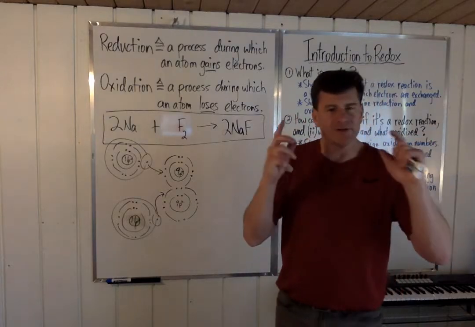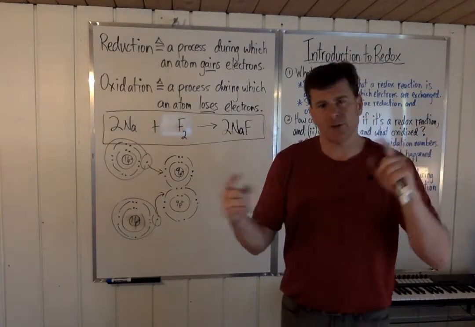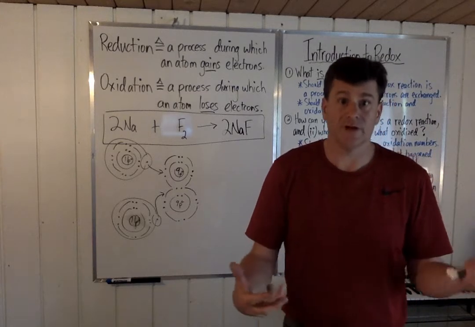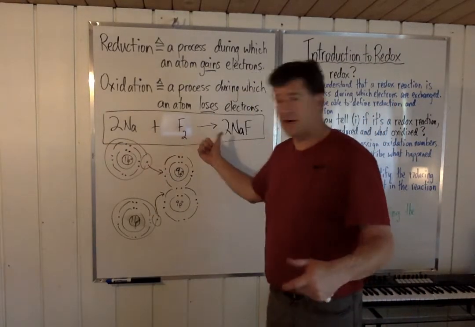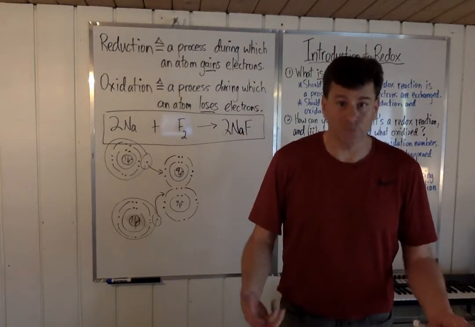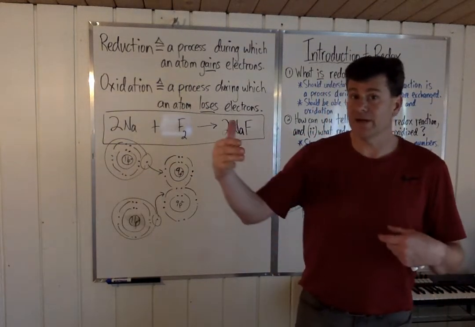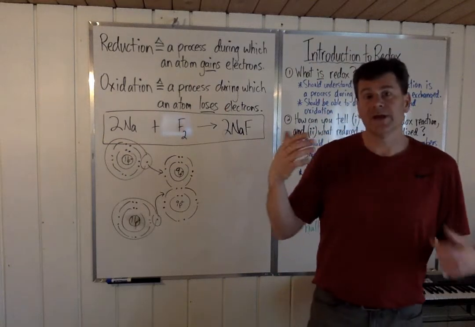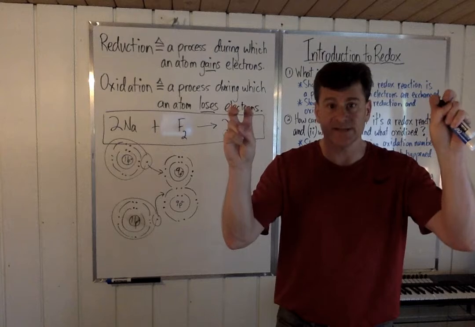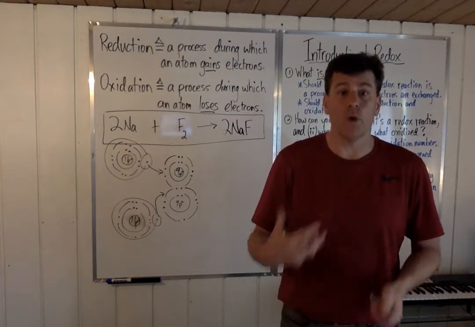So now hopefully you're starting to think, well, okay, so both directions of a redox reaction are in fact redox reactions themselves. So if it's a redox in the forward direction, it would be a redox in the reverse direction as well. And to even think a little bit further ahead, you might start thinking, well, which way is more spontaneous? Like, which way does this thing actually want to go?